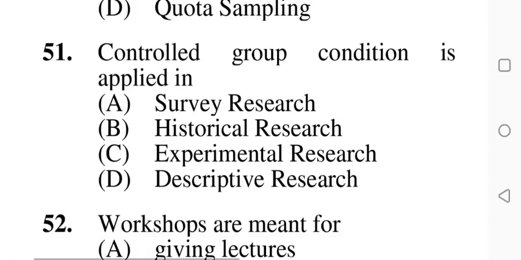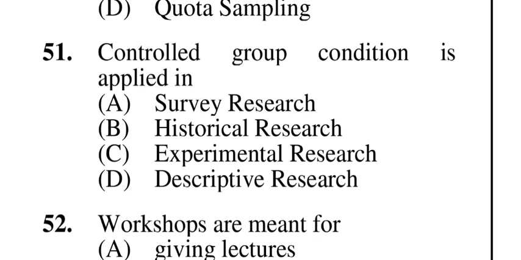51, it says control group condition is applied in what? Survey research, historical research, experimental research, descriptive research. So control group condition is applied in experimental research.